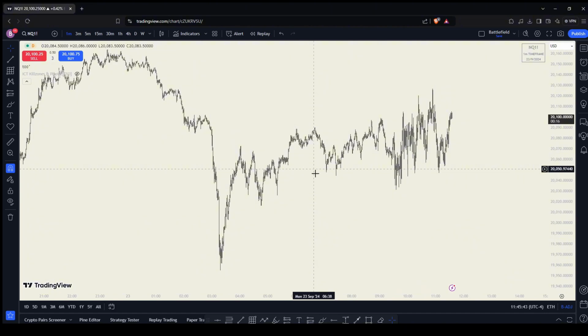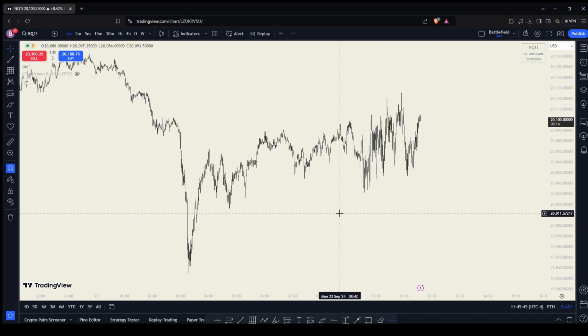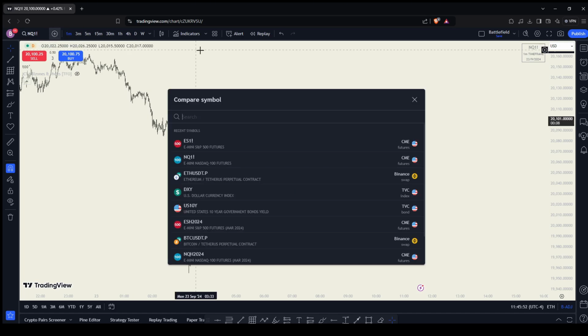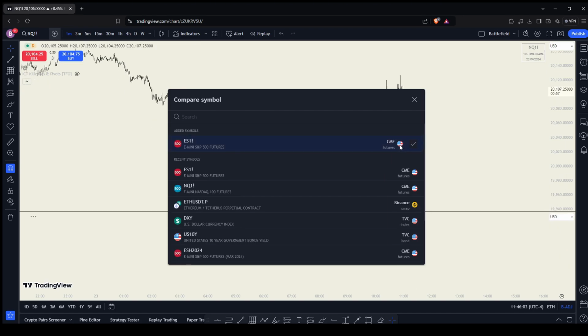So how can you add a second chart? You wanna click on this plus button on the left upper corner and choose here ES1 exclamation mark, simply continuous contract. Here you press new pane.